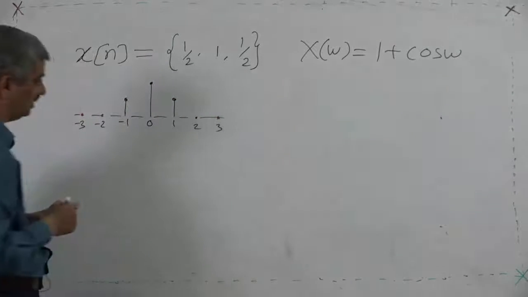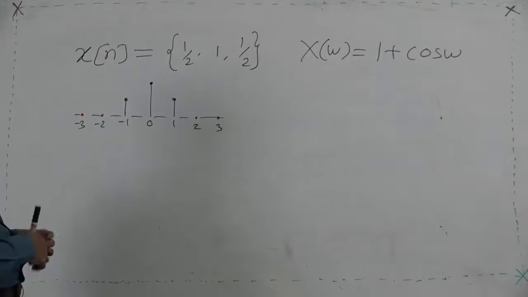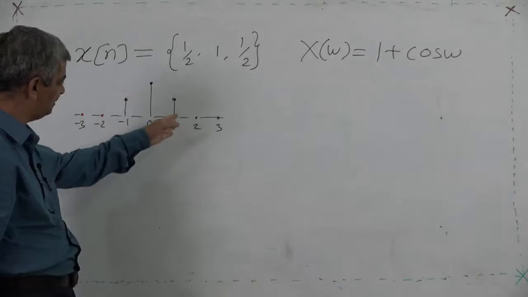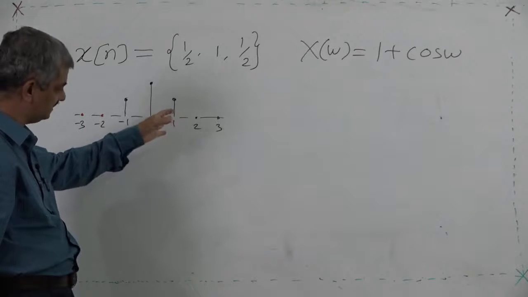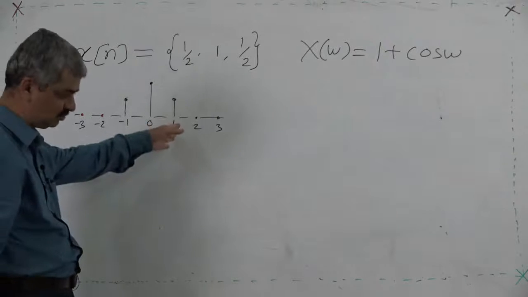And we have found that X(omega) is 1 plus cos omega. Straight away, it is half e raised to j omega, plus 1, plus half e raised to minus j omega.